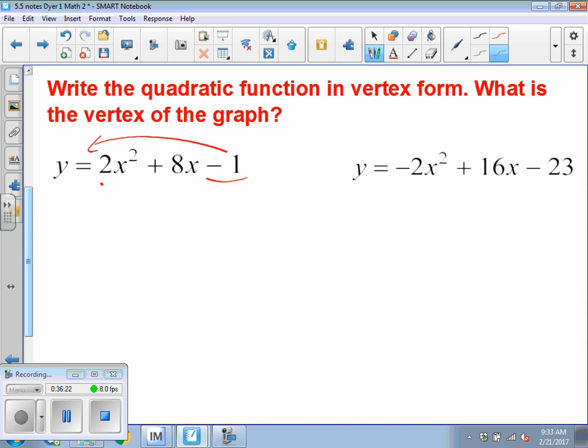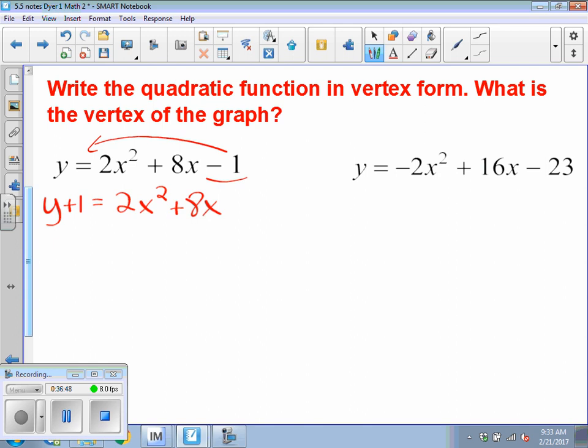The very last thing we're going to do is take whatever we put with y and get rid of it. So I'm going to take this -1 and bring it over to the left. And what happens to it when I do that? It becomes +1. So we have y plus 1 equals 2x squared plus 8x.